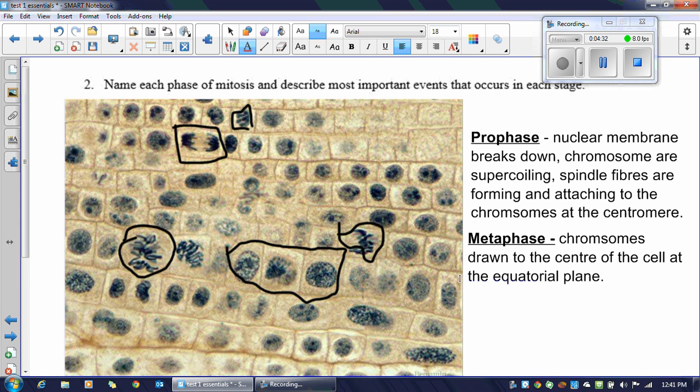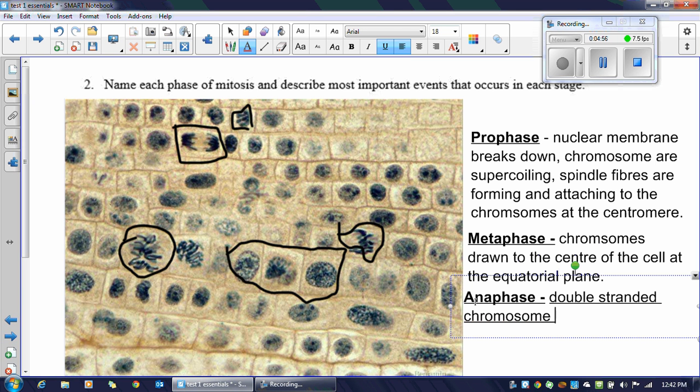So again, if I'm looking for some words here, anaphase, and this time I'll see if I can get that a little slicker, Control B, Control U. Double-stranded chromosomes. I didn't turn the double on. Okay. Double-stranded chromosomes are separated and drawn to opposite poles.